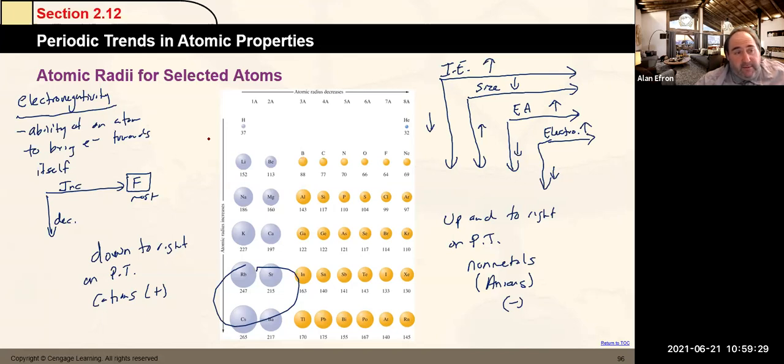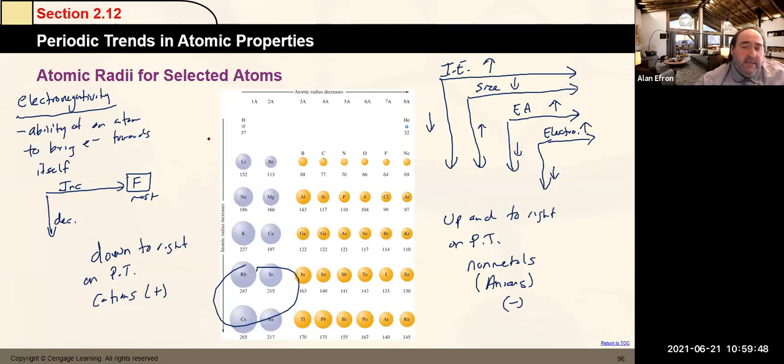They want to hang on to their electrons. Not only that, they probably want your electrons as well. So they really hold on to their electrons, which is why we typically see nonmetals becoming negatively charged anions and gaining electrons. Those trends fit really nicely together.